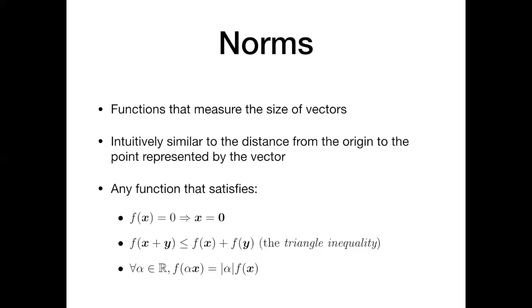And the second condition is the triangle inequality condition. And the last condition is that if alpha is a scalar, f(alpha x) is equal to the absolute value of alpha multiplied by f(x). So if a function satisfies these three conditions, we can use it as the definition of a norm.